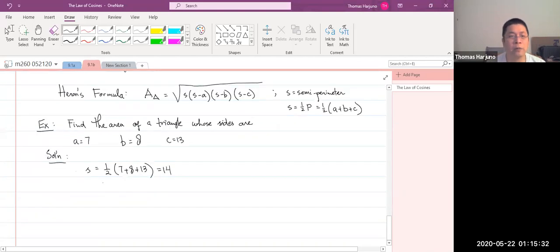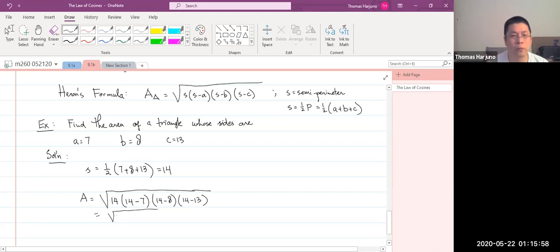So the area of the triangle will be the square root of the semi-perimeter times the semi-perimeter minus one side, times the semi-perimeter minus another side, times the semi-perimeter minus the other side, which will give me the square root of 14 times 7 times 6 times 1.